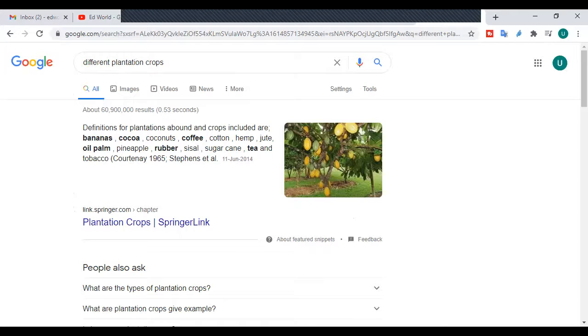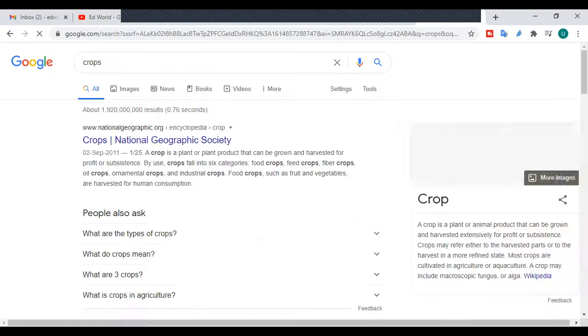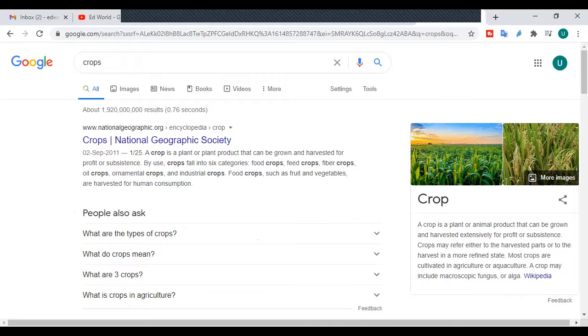Okay, I want to know about them. Now it says that plantation crops include bananas, cocoa, coconut, coffee. Instead of this, let's say I just write over here crops. It would give me the knowledge of every type of crop, right?